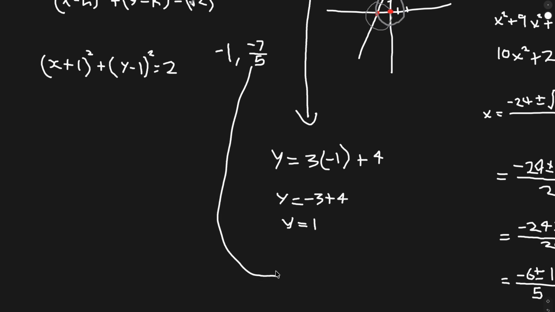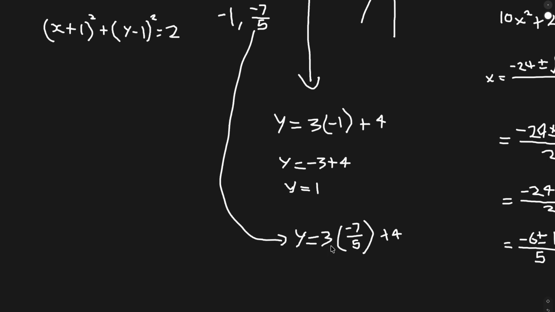So y equals 3 outside of negative 7 on 5 plus 4. So now we're going to do that.